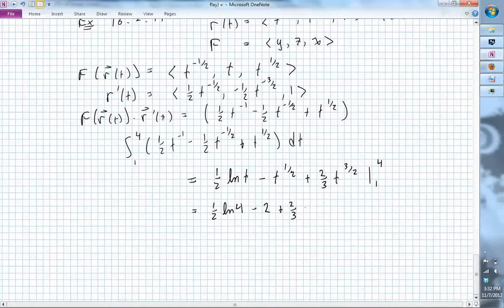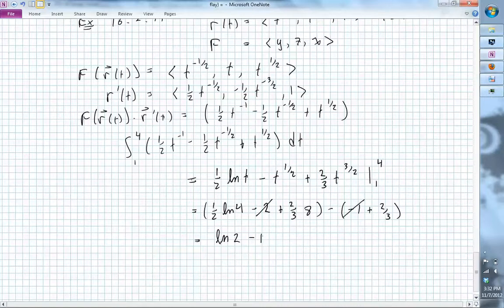Four to the 3/2 is 8. And then we're going to subtract off what we get by plugging in 1. Natural log of 1 is 0. So now we've got to simplify that a little bit. The natural log of 4 is 2 times the natural log of 2, which conveniently cancels with that 1/2. And let's see if we can't gather up some of the rest of this stuff. Negative 2 plus 1 is negative 1.